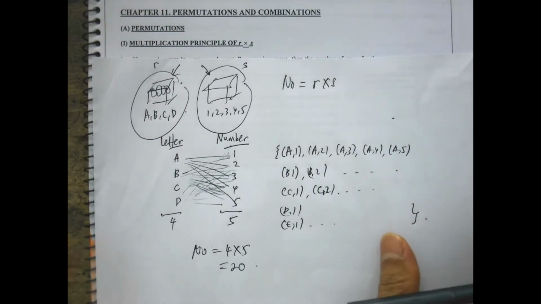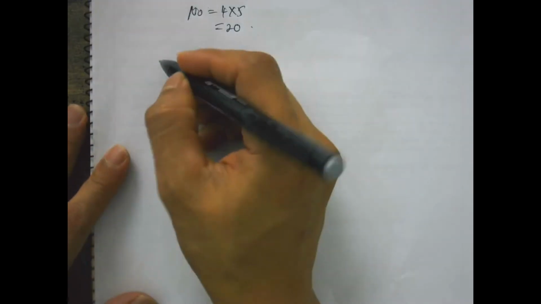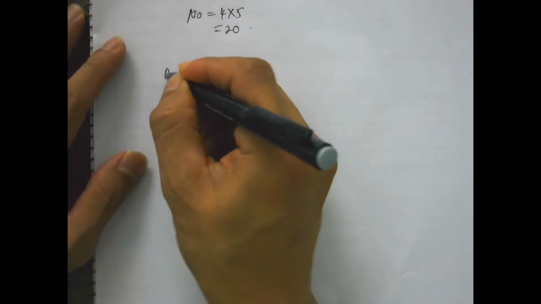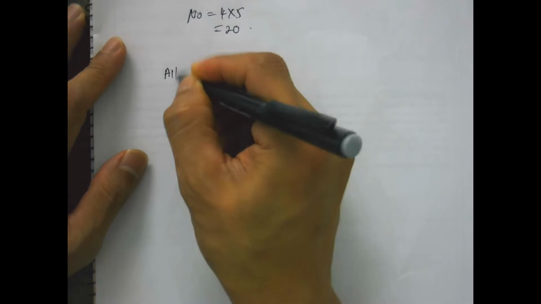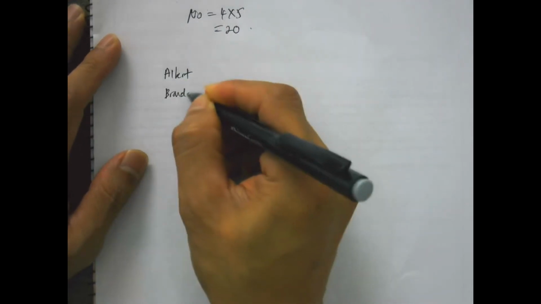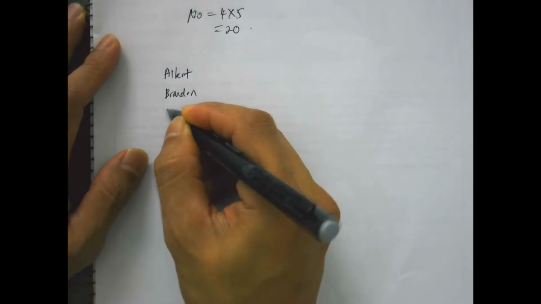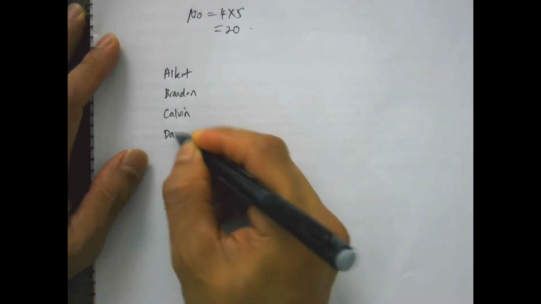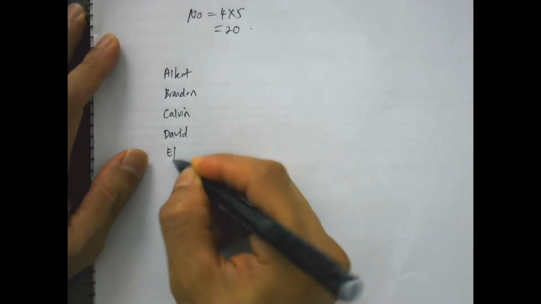Now this is not limited to only choosing number cards and letter cards. We can talk about choosing people. Let's say I use 5 boys: Albert, Brandon, C for Calvin, D for David, E for Ethan.